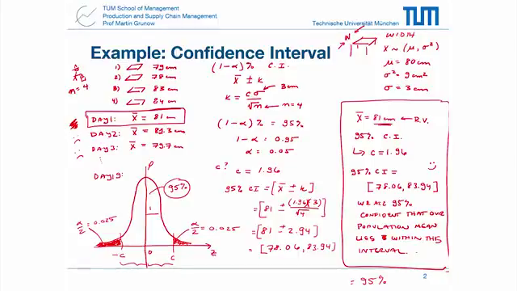So he will see an interval that contains the value 80. But on one day, our interval will not contain the true mean. So I hope that clarifies a little bit how we could use the confidence intervals.